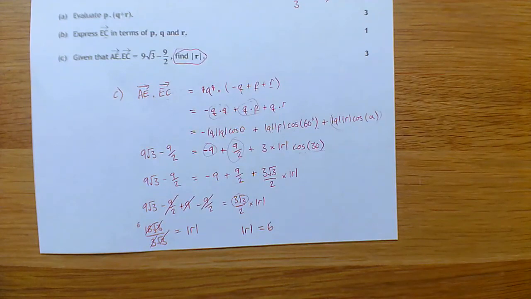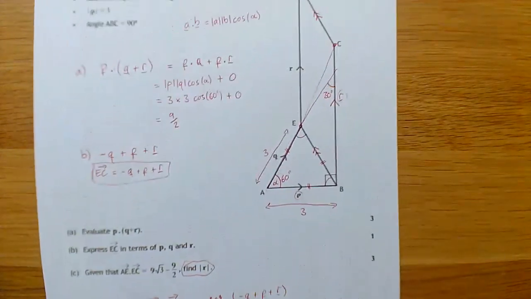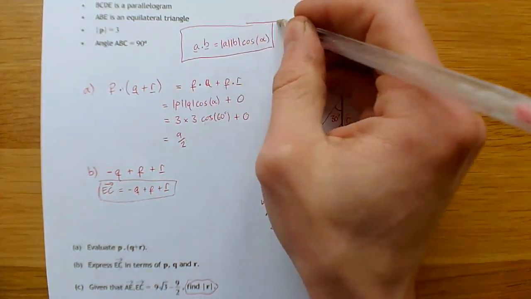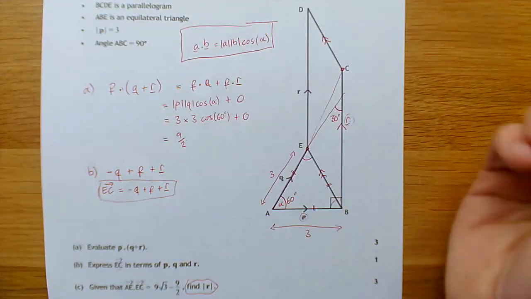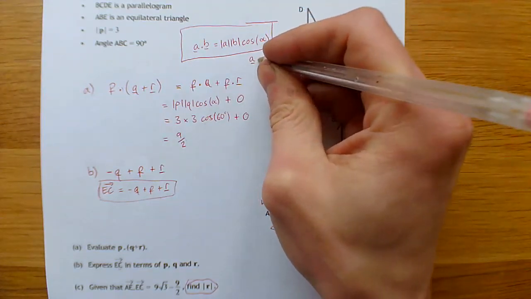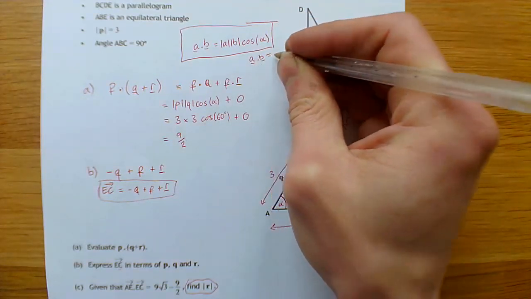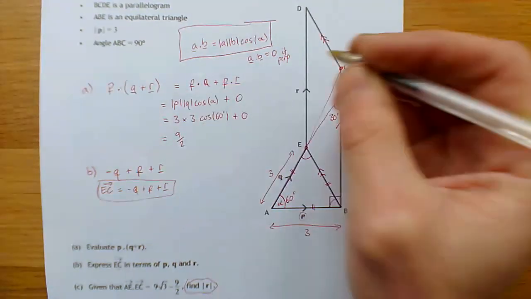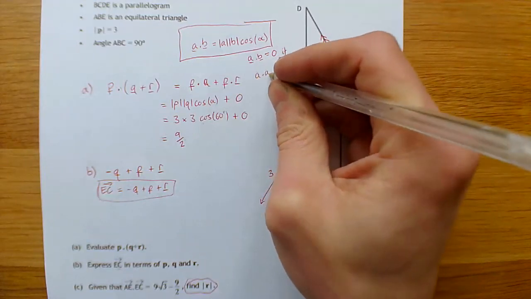Two things to say before we finish up. First one, this is the only thing that you know how to do with dot products. The only other two little things that I've used are a dot b equals 0 if perpendicular, and a dot a.